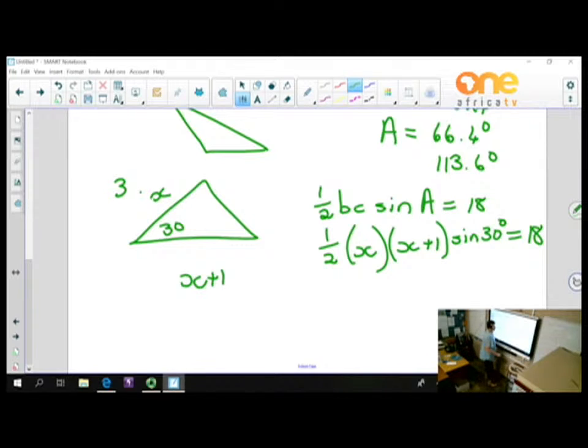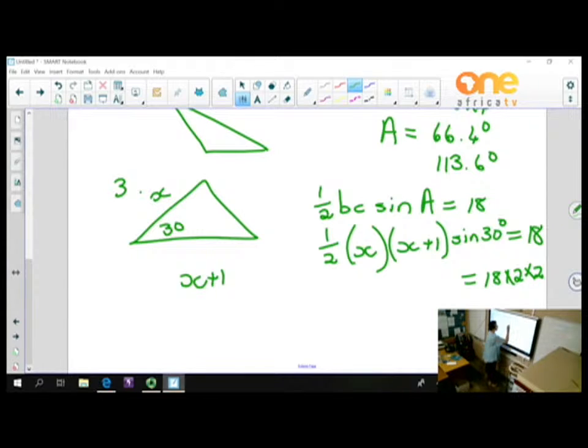So if you press your calculator, then you will see sine 30 is a half. So I would want to get rid of this half, and I will then get rid of this half. So we're going to say that this is 18 times 2 times 2, because I multiply with a reciprocal here. Sine 30 is a half, I multiply with the reciprocal.